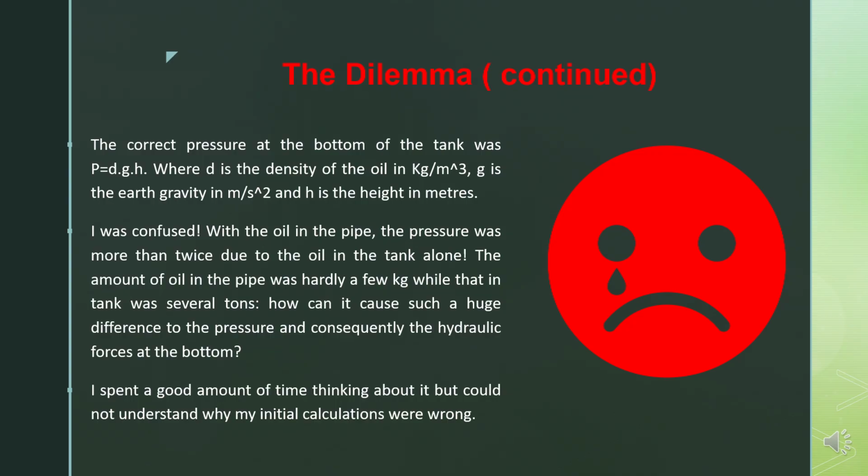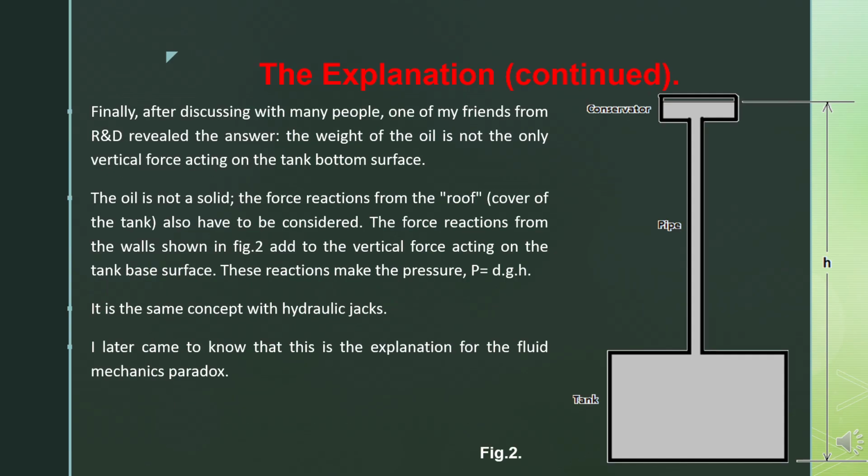I went to my friends and asked, and I spent a good amount of time thinking why, but I could not get the answer. Now I'm going to talk to you about the explanation that my friend gave me. The explanation is that oil is not a solid, so we cannot treat it in the same way as we treat a solid.